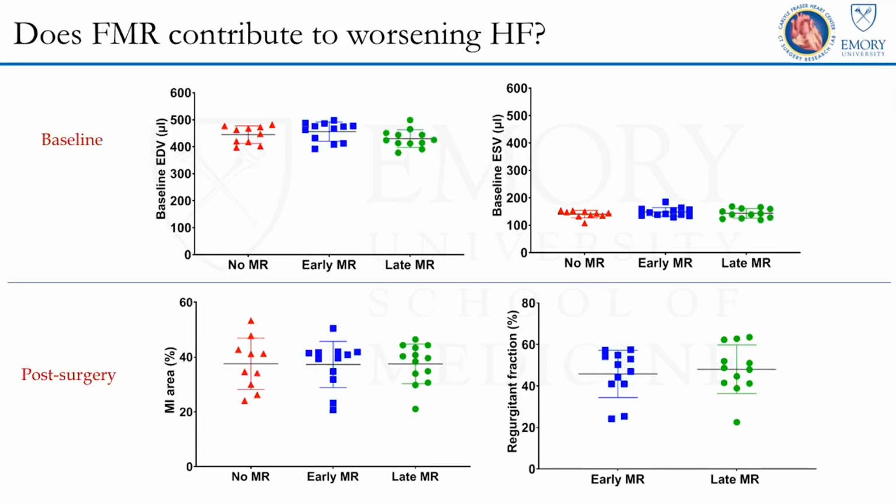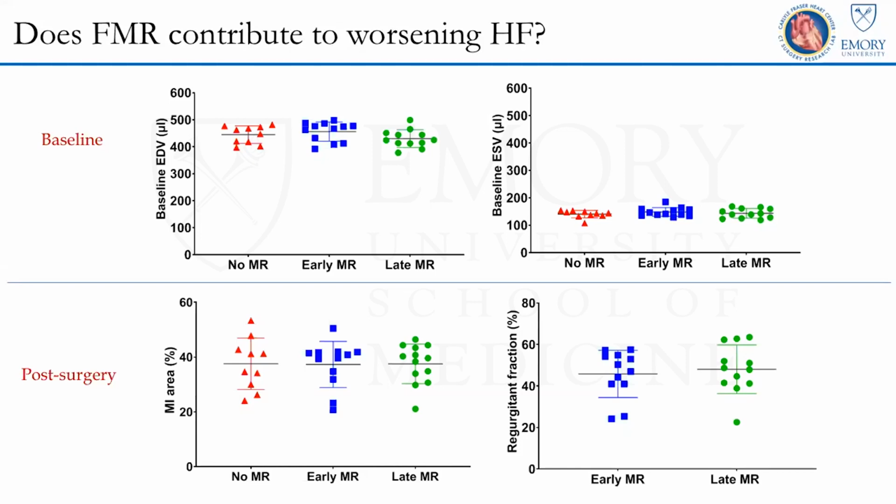Upon confirming that at baseline these animals had similar cardiac dimensions and cardiac function, we induced the cardiac pathologies, following which we confirmed that the myocardial infarct area was similar between the 3 groups.